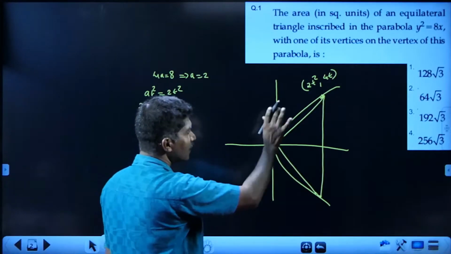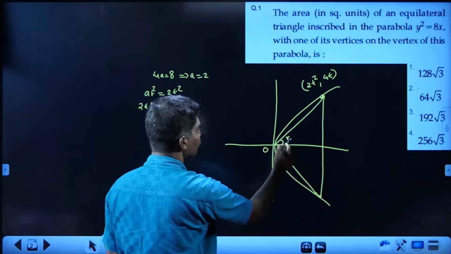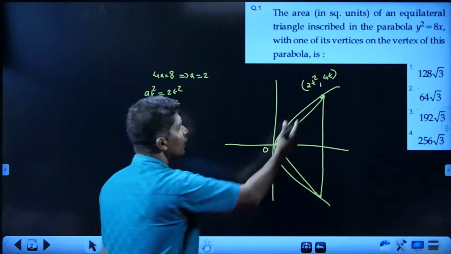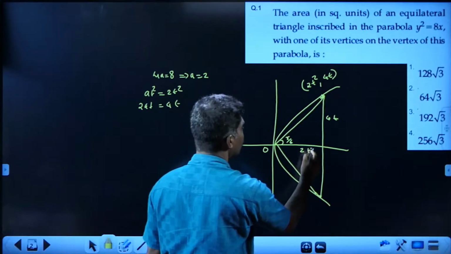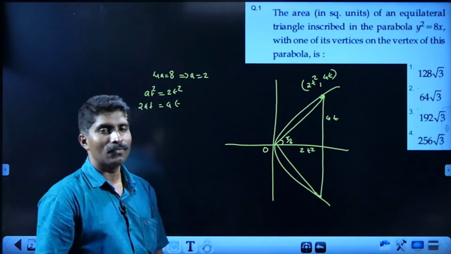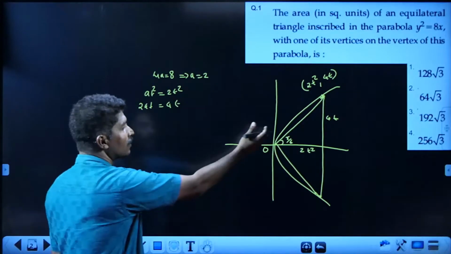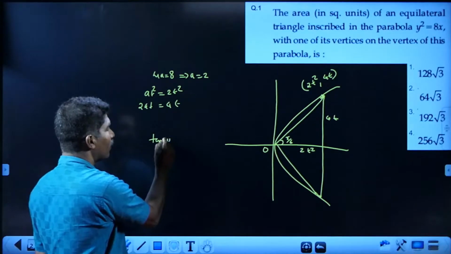Okay, and as it is an equilateral triangle, we can see that this angle is pi by 6, 30. Total angle is pi by 3, now it is pi by 6. Now this will be 4t, and this is equal to 2t square. First we are going to find the value of t. You will apply tan pi by 6. What is tan pi by 6?